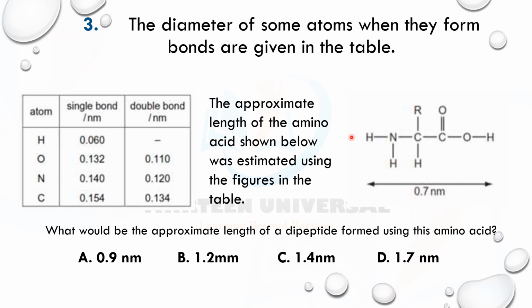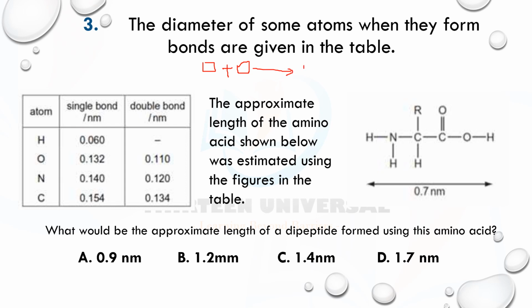So if we have this twice, remember that during condensation, one amino acid, the one we have there, plus another amino acid. If you add up these two amino acids, which are the same length, we're going to have a dipeptide.